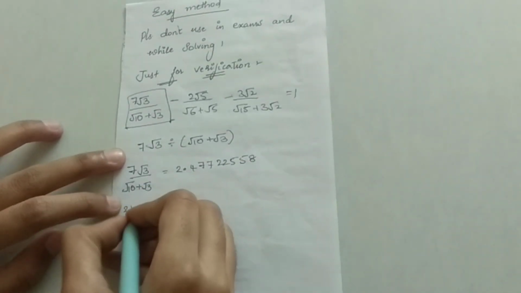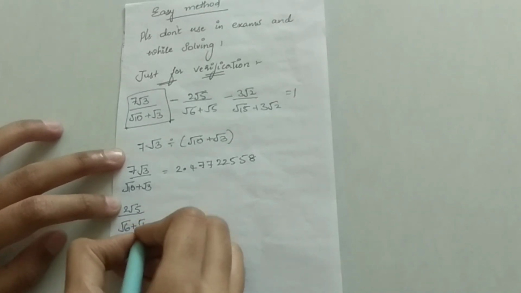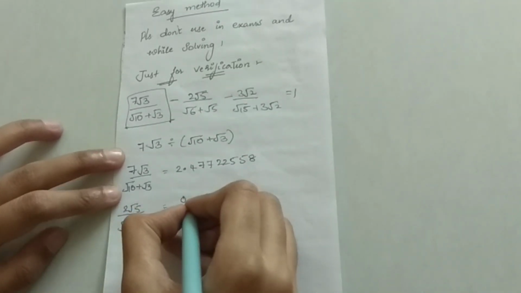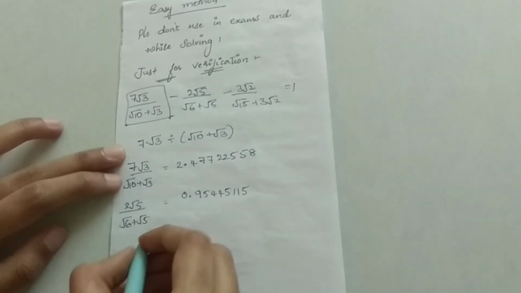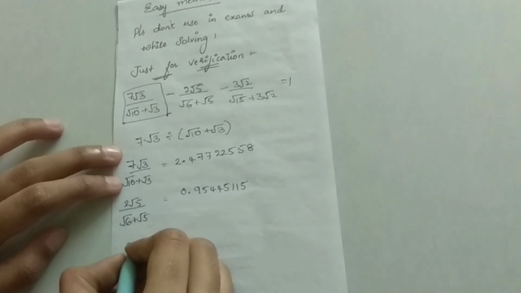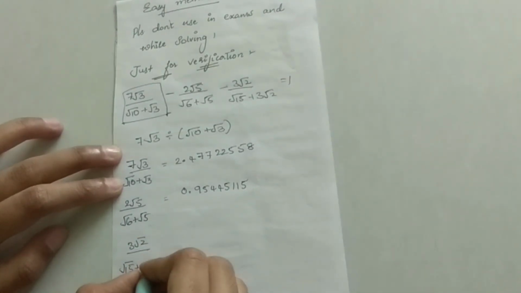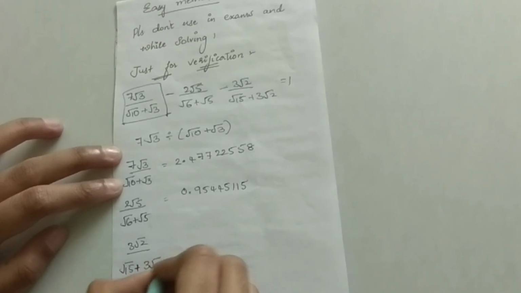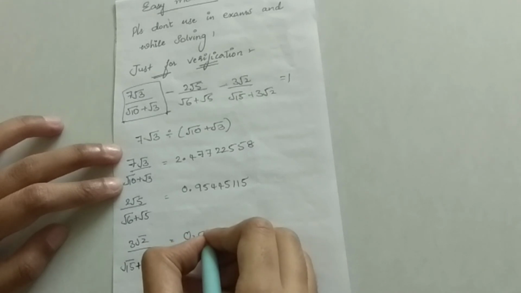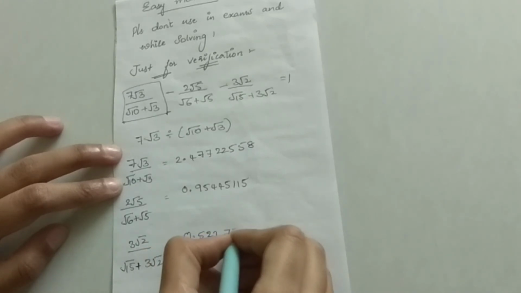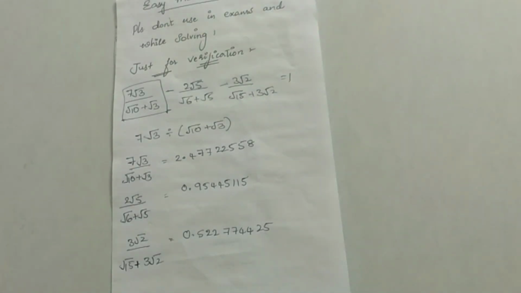And 2 root 5 divided by root 6 plus root 5, this value was 0.9544515. And the third one, 3 root 2 divided by root 15 plus 3 root 2, this value was 0.522774425. These were the values I got on the calculator.